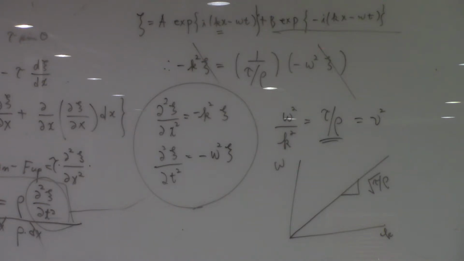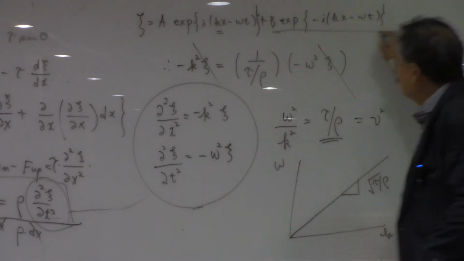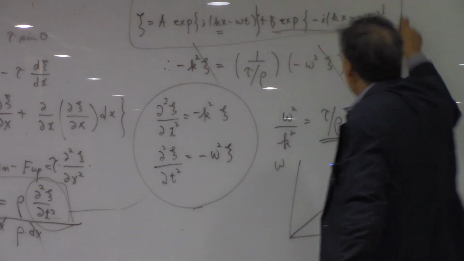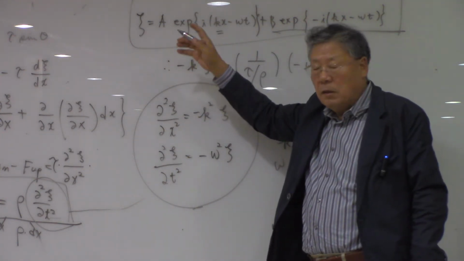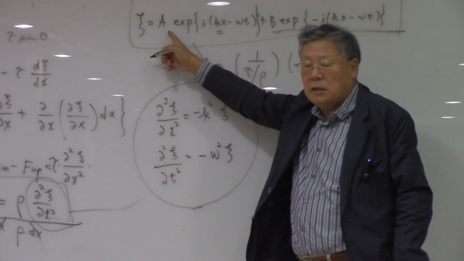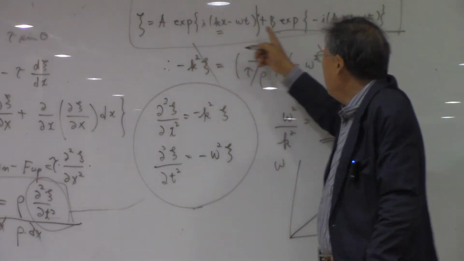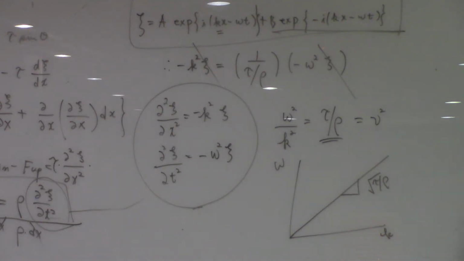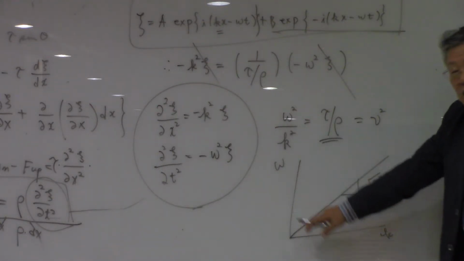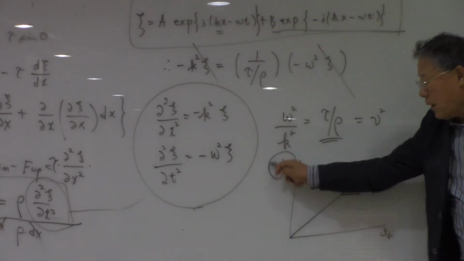You can actually find these solutions depending on the system by using the boundary conditions to get the specific numbers for A and B. And that is the wave equation. But most of the time, the dispersion relation, omega versus k, is enough to understand the system sometimes. Okay? Because the energy of the system is related to the omega only.